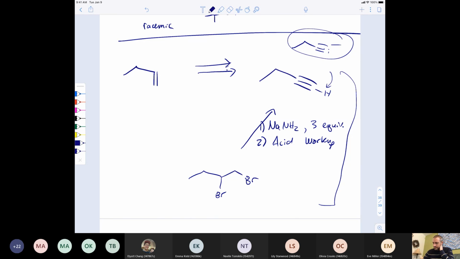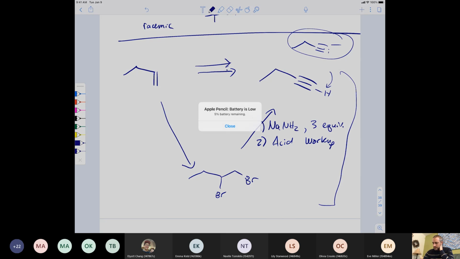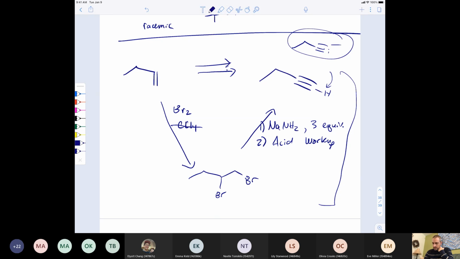And then this part is pretty straightforward. This is just addition of Br2. And you wouldn't use water, you wouldn't use alcohol, you'd use a non-nucleophilic solvent like CCl4, carbon tet. Although nowadays you wouldn't use that because it destroys the ozone layer. You'd use hexane or hexanes.